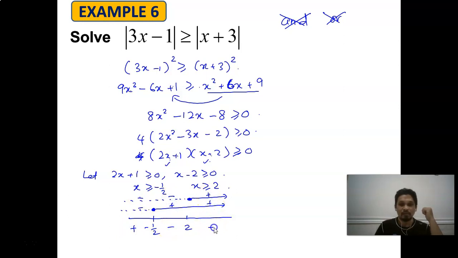Positive multiplied with positive, positive. Final answers, based on what is given here. Two linear factors, 2x plus 1 multiplied with x minus 2 greater than or equal to 0 means that the values here must always be positive, because positive values are always greater than 0. So it is here and here.